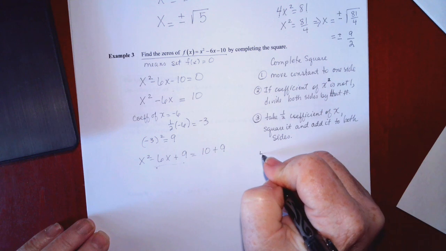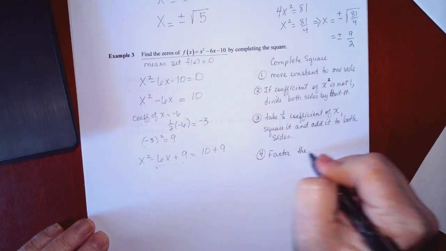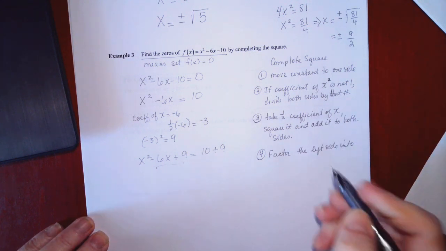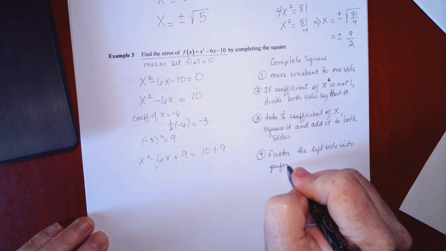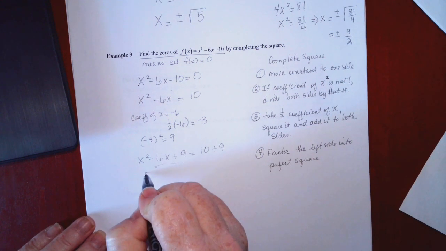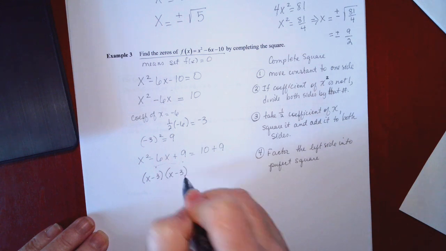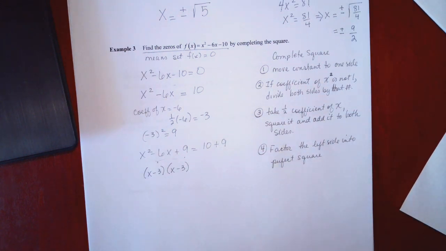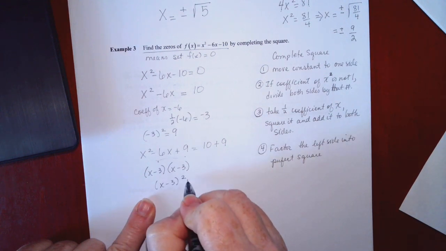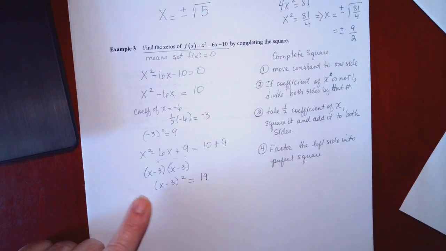So we're going to factor the left side into the perfect square. This guy is x minus 3 times x minus 3, or that is x minus 3 squared. And that, in this case, would equal 19.